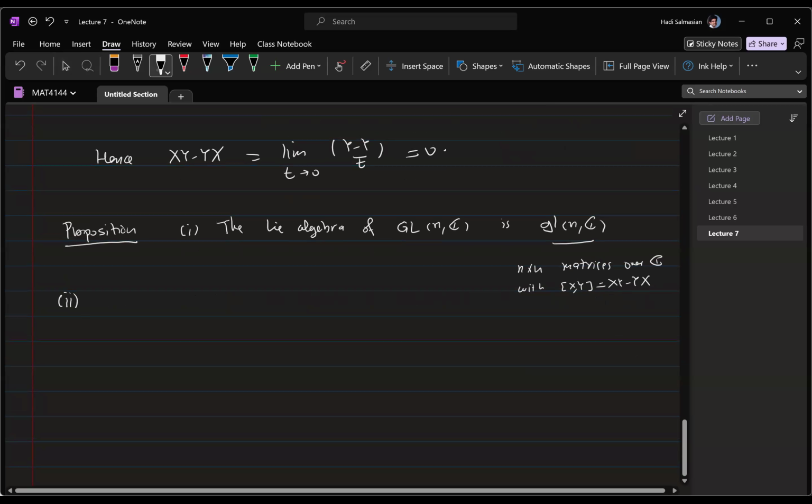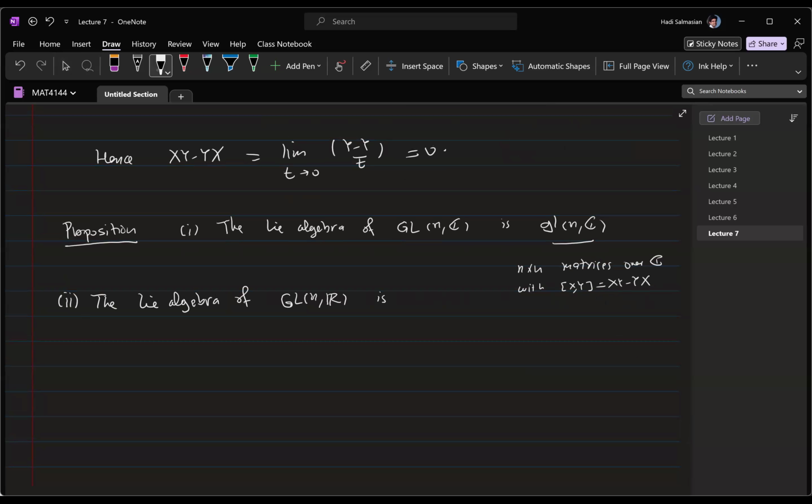Now the second one, what is the Lie algebra of GLN-R, n by n invertible matrices? What could it be? So probably complex matrices with the trace, something to do with the trace.